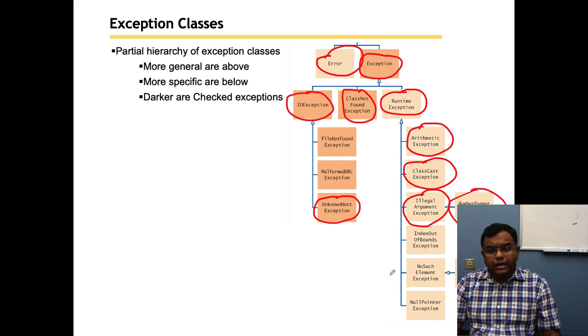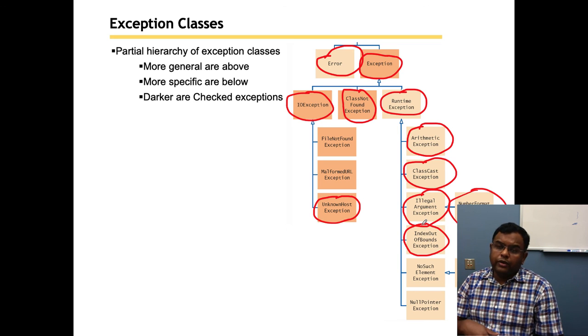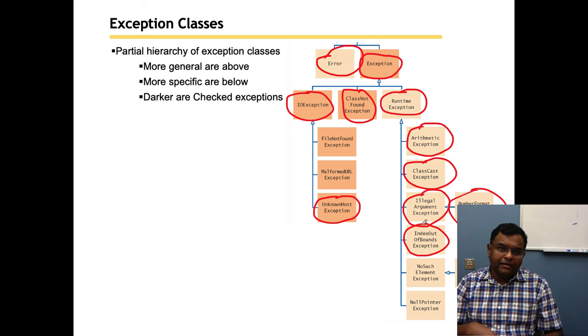Another exception is IndexOutOfBoundsException. When you are trying to access an array and you put an index, let's say your array size is 30, but you try to fetch an element with the index 32, then an index out of bounds exception will happen. Okay, so let's move on to the next slide.